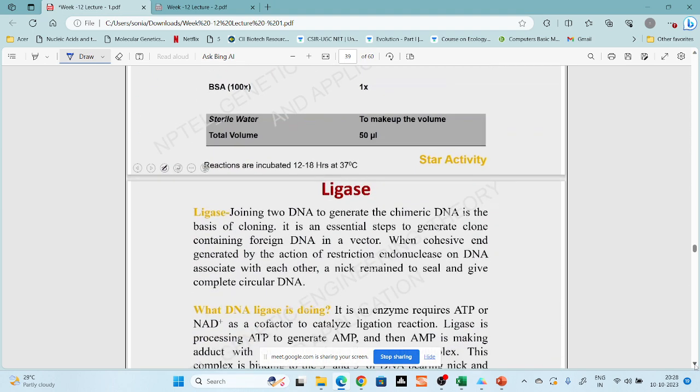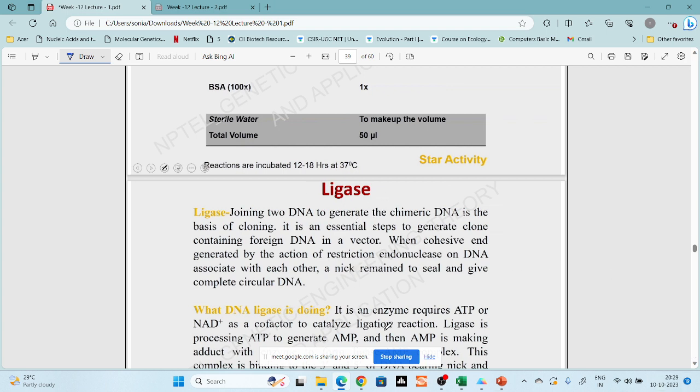Then when we have put a digestion reaction, your vector is digested and your gene of interest is digested. Now the vector and gene of interest will combine with the help of ligase and you will have a recombinant DNA made. That is the work of ligase.